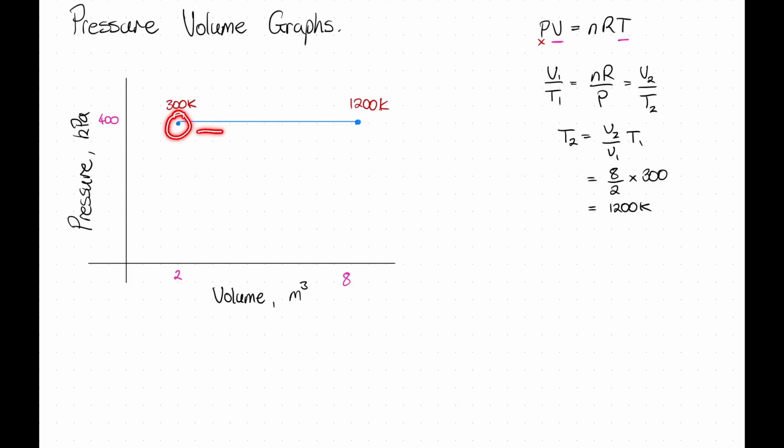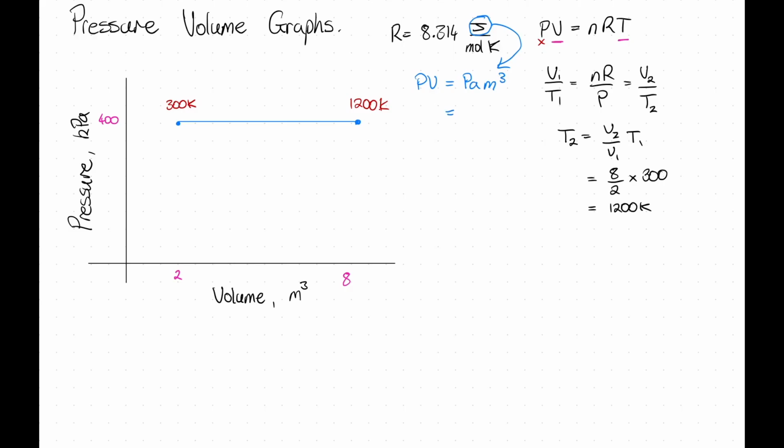When we're looking at our ideal gas constant, R is equal to 8.314 joules per mole Kelvin. The joules here relates to the idea that PV is equal to our pressure, which is pascals times by our meters cubed.